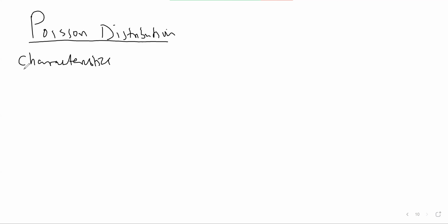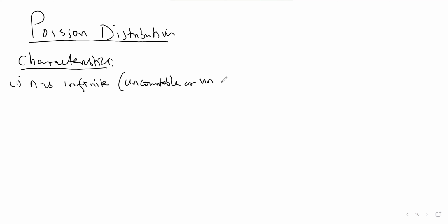I want you to compare and contrast these characteristics with those of the binomial distribution. The situation might be similar to the one of binomial distribution, but here N is infinite, either uncountable or unknown, or sometimes extremely large or very large.